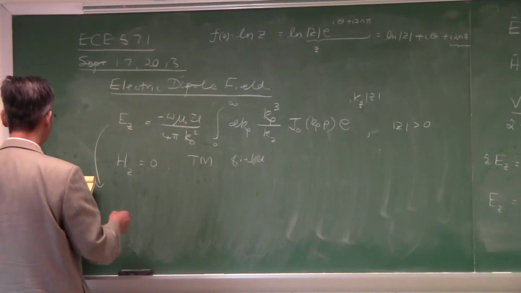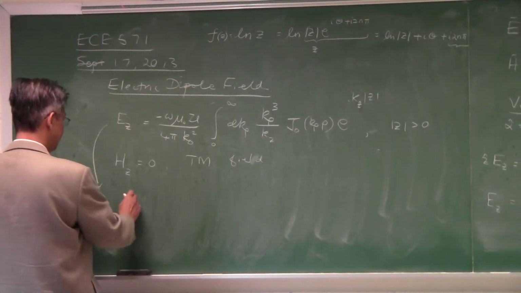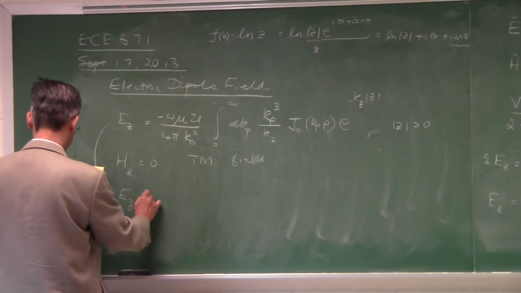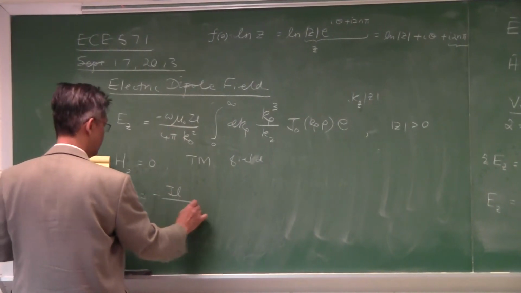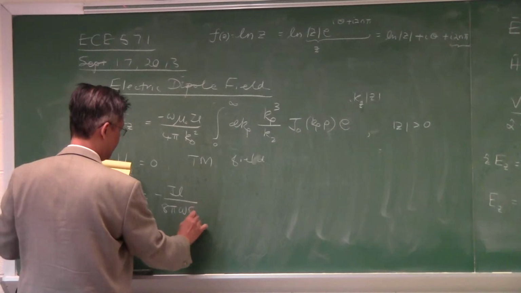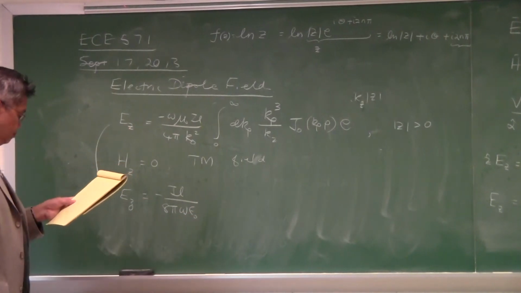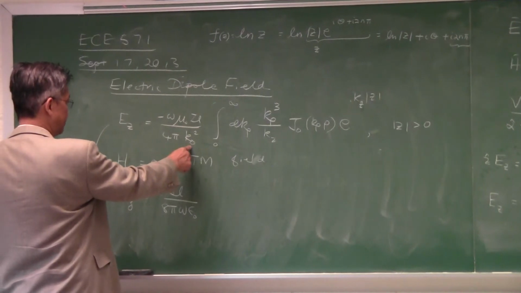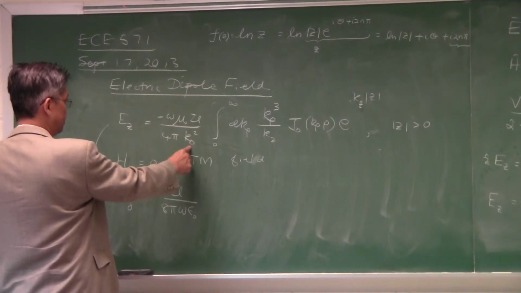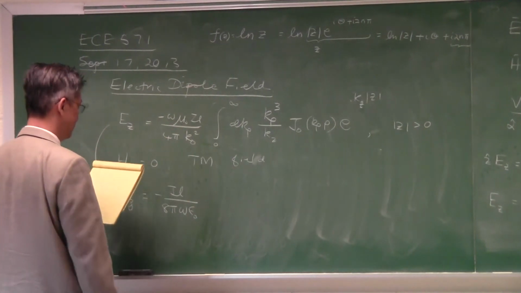You can show also using the other identity that this Ez can also be written as minus IL, and you can simplify this over 8 pi omega epsilon naught. Okay, this is omega square mu epsilon, so the mu cancel, leaving that behind.